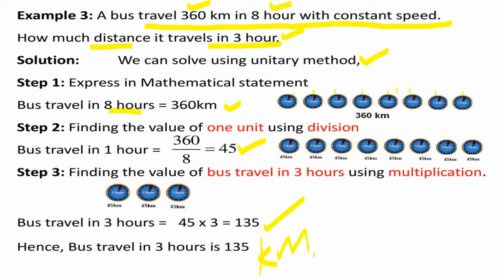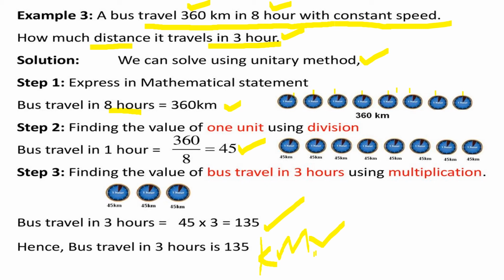If they ask us to find the hour, we have to write the hour. Here they ask us to find kilometers, so we should finish with the unit. Unit has marks, we don't leave the unit. So I have written kilometer again here, where it was missed. Hence, the distance the bus travels in 3 hours is 135 kilometers.